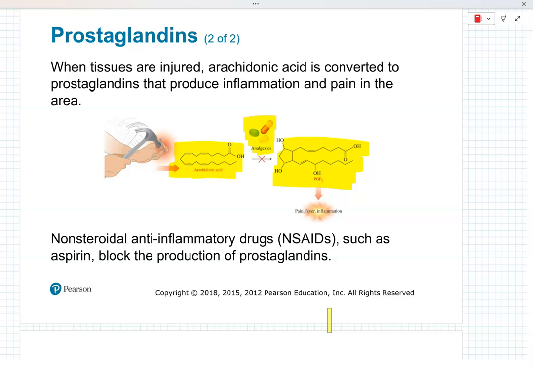So essentially, I think it's kind of important to understand that when we talk about drugs like analgesics or antipyretics, the ones that reduce the fever or relieve the pain, we're not curing the source. If you sprained your ankle and you take ibuprofen or Tylenol for pain, your ankle is still sprained.